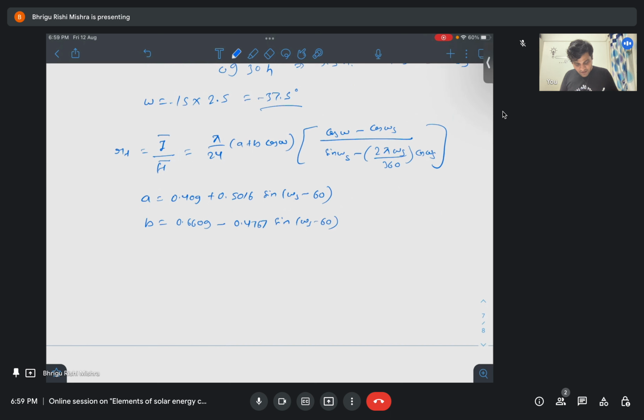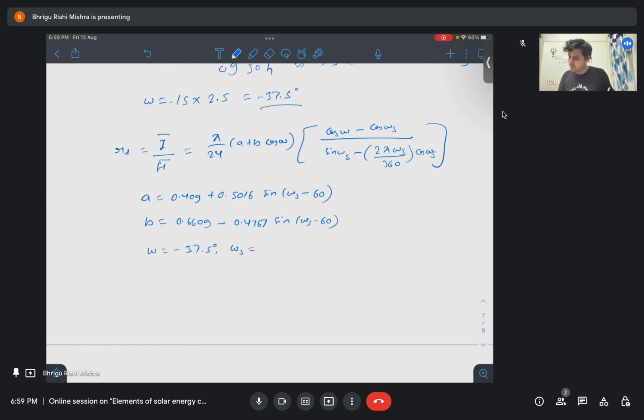So we have calculated omega as minus 37.5 degree, and omega s is 81.23 degree. So we can calculate this a and b.